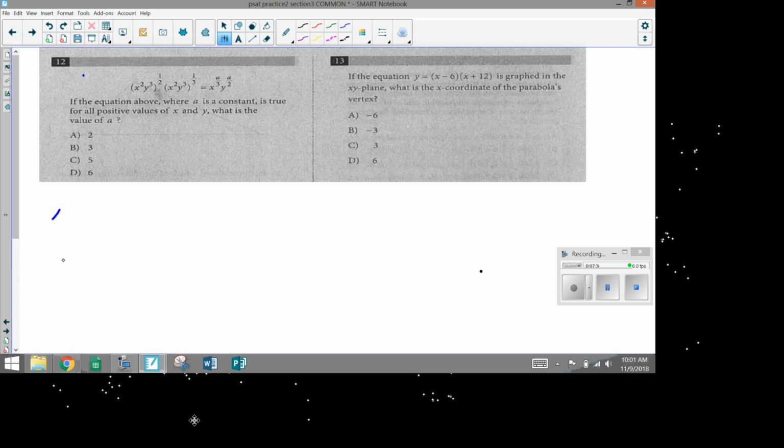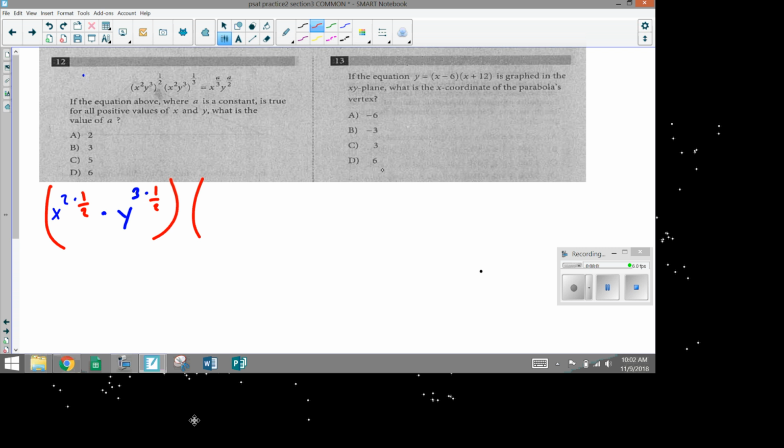So x squared times 1 over 2, right? And times y to the power of 3 times 1 over 2. This is the first one.